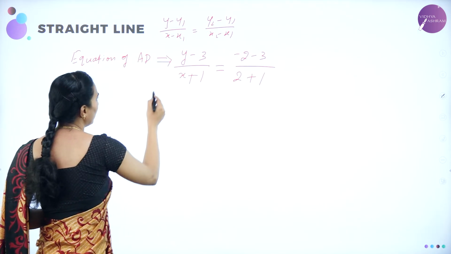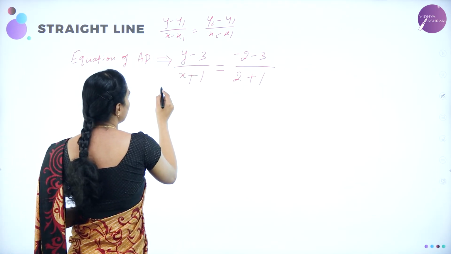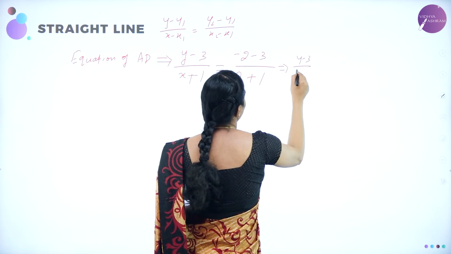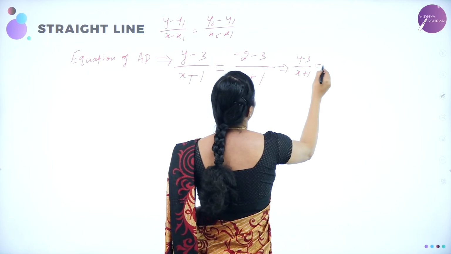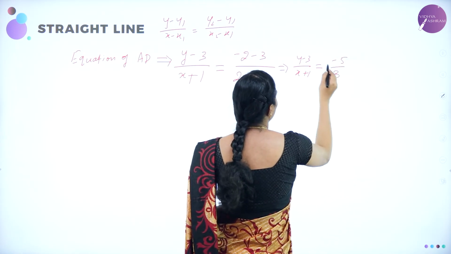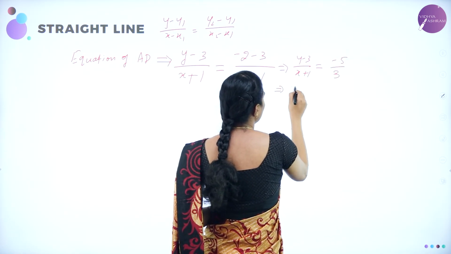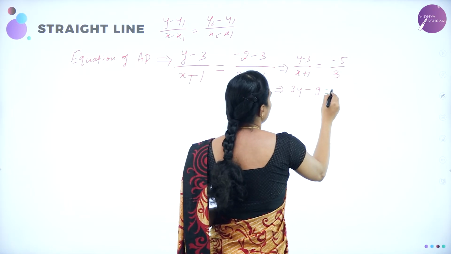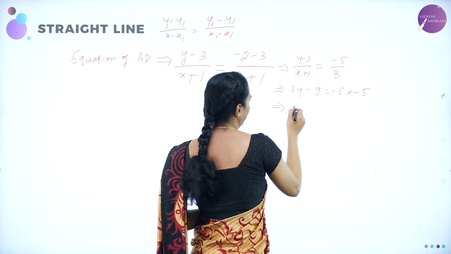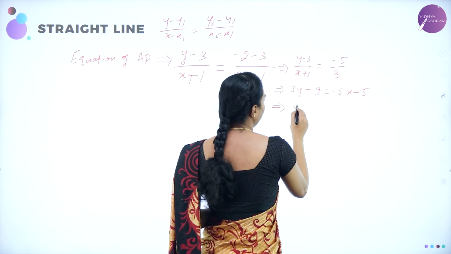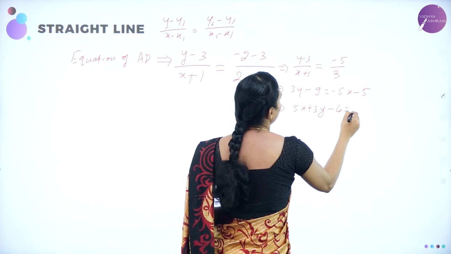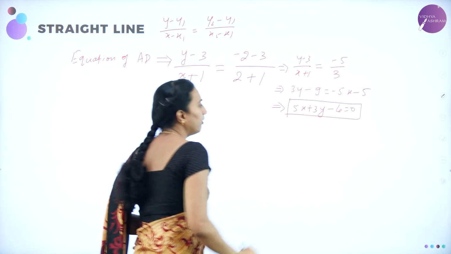Solving this, you get (y minus 3) divided by (x plus 1) is equal to -5 divided by 3. Cross multiplying, you get 3y minus 9 is equal to -5x minus 5. Taking this to one side, 5x plus 3y minus 9 plus 5, that is -4, equal to 0. This is called the equation of AD.